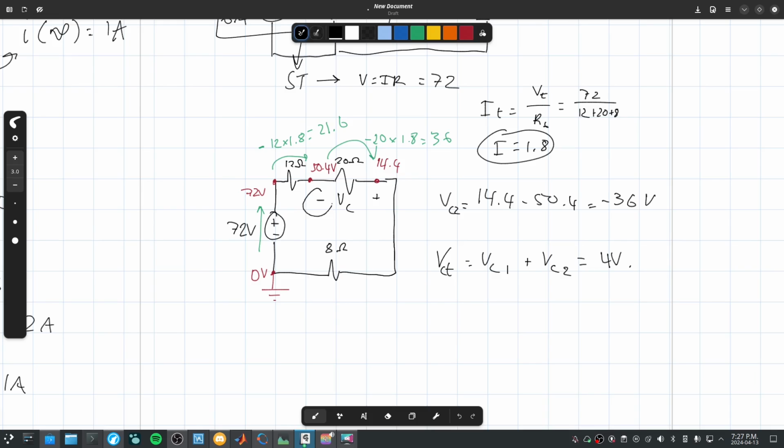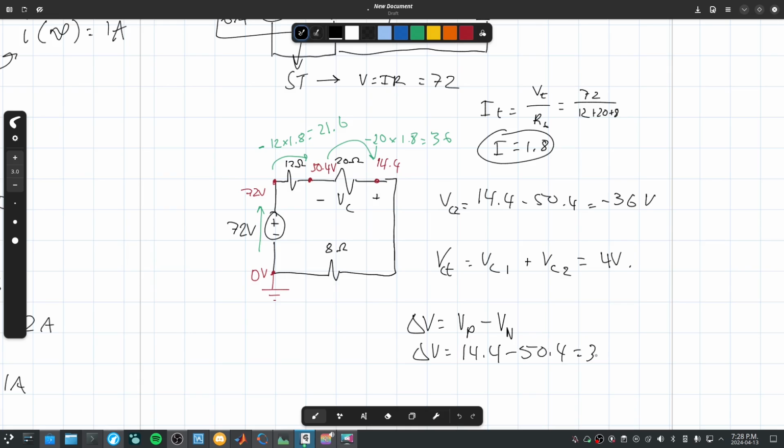However, if you look at the nodes on this, we're dropping from the negative side. The positive side, which is supposed to be higher, is lower than the negative side, which is supposed to be lower. So whenever we do this, the difference in voltage is equal to the voltage on the positive end minus the voltage on the negative end. The positive end is 14.4. The negative end is 50.4.